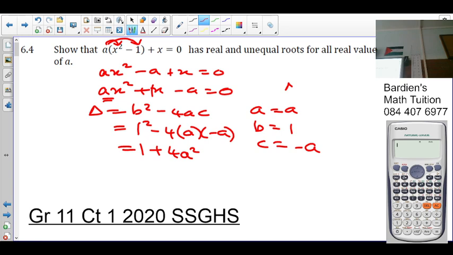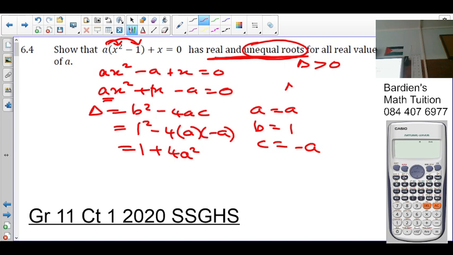So they want you to show that the roots are real and unequal. What does real roots mean? Delta must be greater than or equal to 0. That's when it's real. If it's unequal, when are roots unequal? When delta is greater than 0.